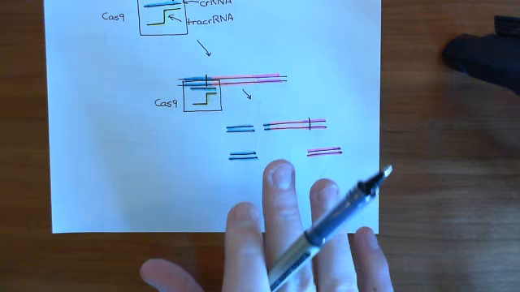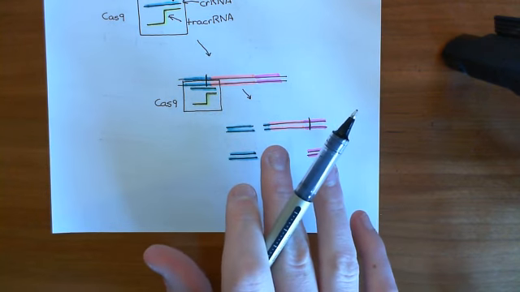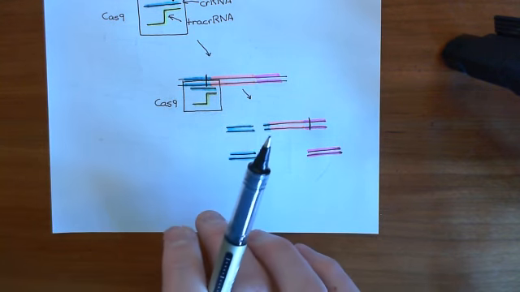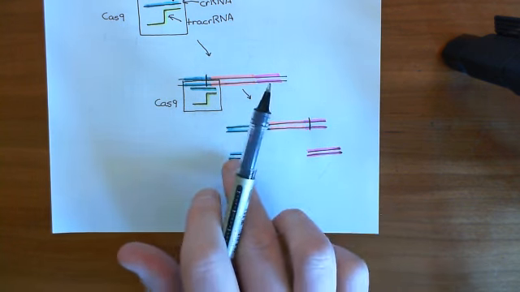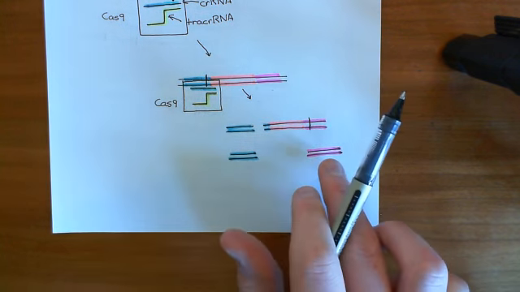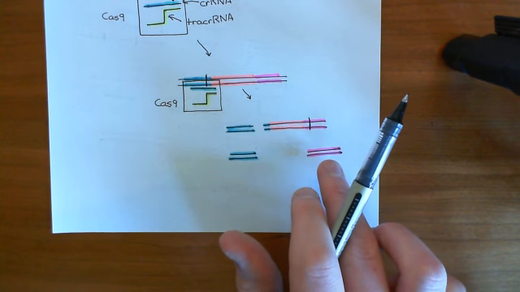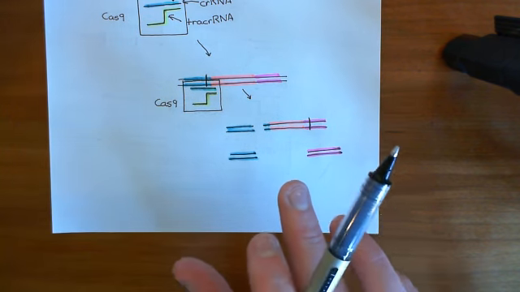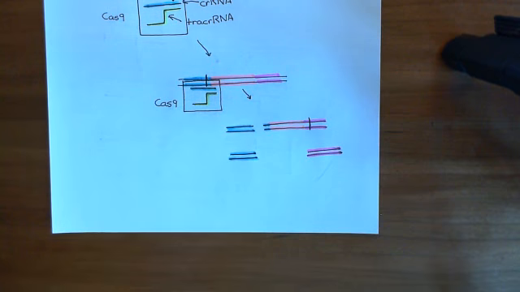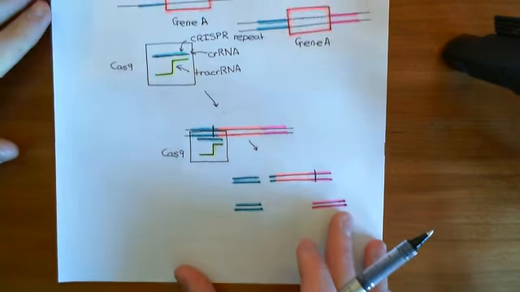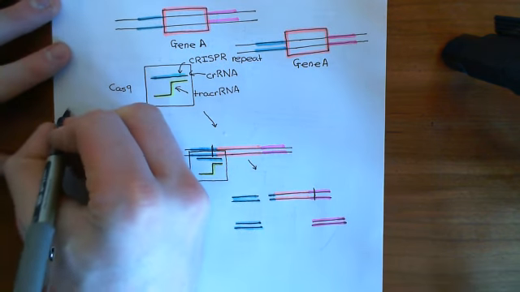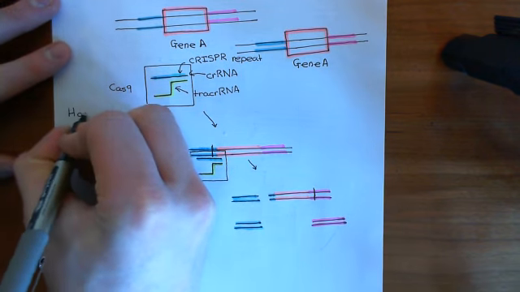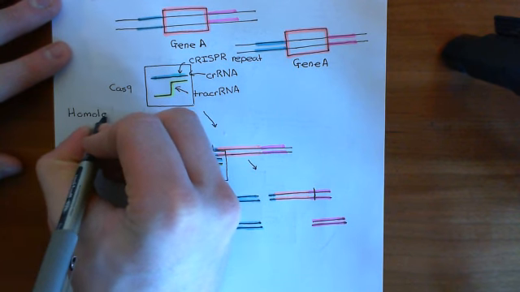What is generally also done is that you put in a piece of DNA that is going to act to help join this blue fragment here back to this purple fragment. To understand the purpose of this piece of DNA, I need to explain to you the homologous recombination mechanism for DNA repair. So let's just talk about homologous recombination for DNA repair.